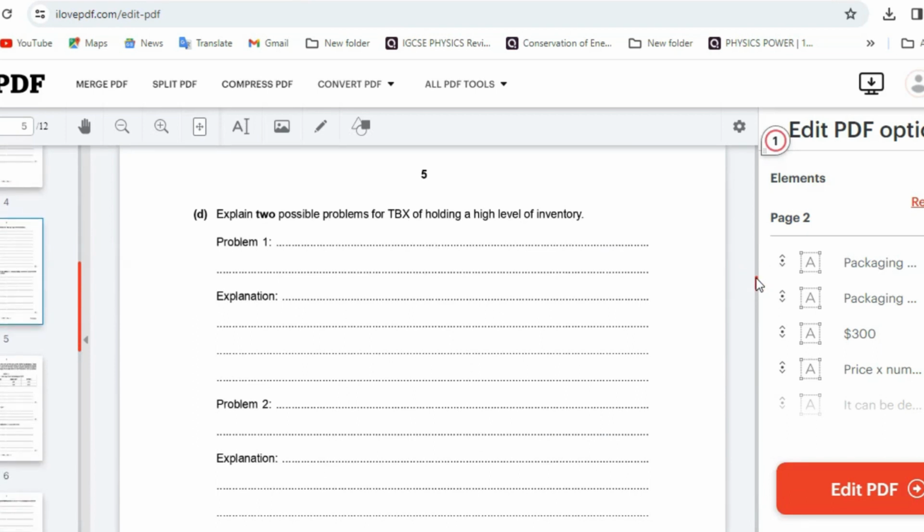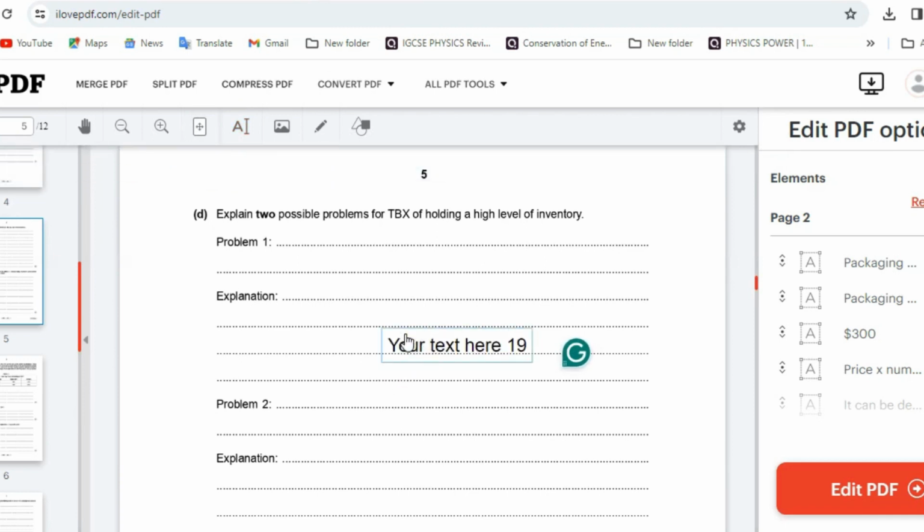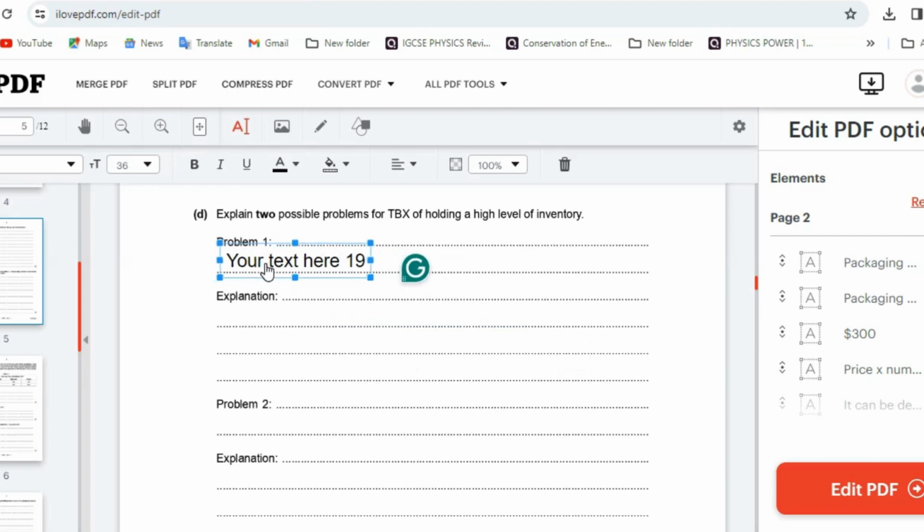We have question 2D. Question 2D says, explain two possible problems for TBS of holding a high level of inventory. What problem could arise when TBS is holding a high level of inventory? The first one that should come to your mind is storage space. Of course, large storage space will be needed when it is holding a high level of inventory.